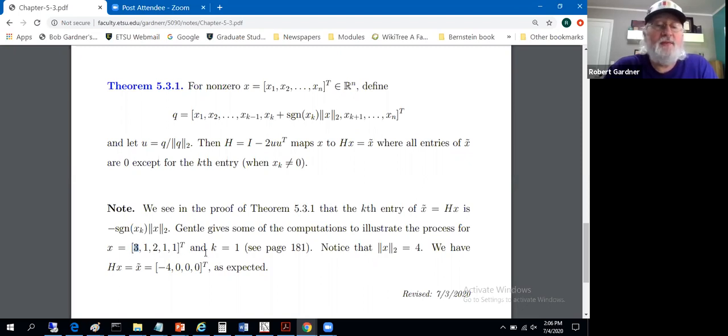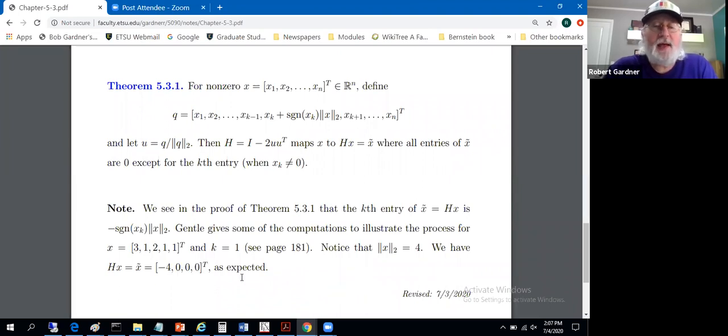The norm of x is 4: 3 squared plus 1 squared plus 2 squared plus 1 squared plus 1 squared is 16, and the square root gives us 4 for the norm. When you apply H to that vector, as shown in the book, you'll get out negative 4, 0, 0, 0. Missing a component here, aren't I? Yeah, I should have another 0 there. Should be 4 zeros: negative 4, 0, 0, 0, 0.